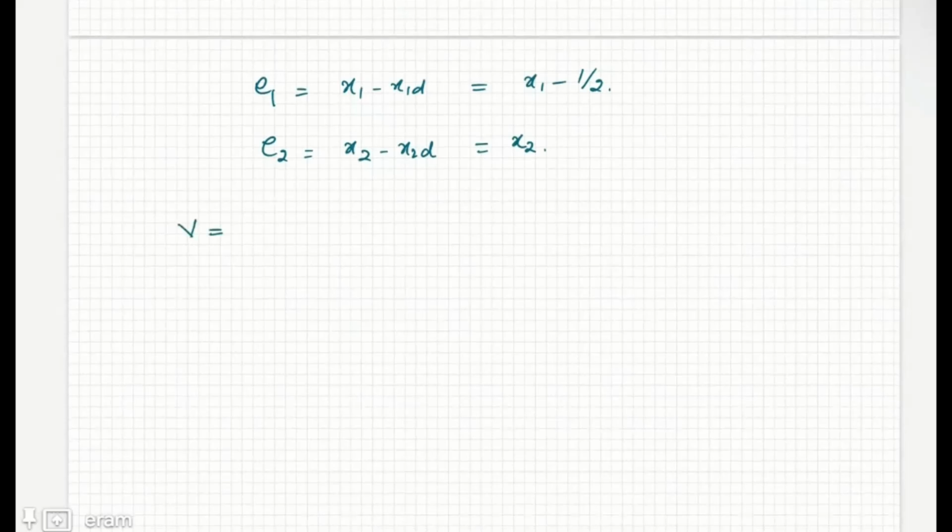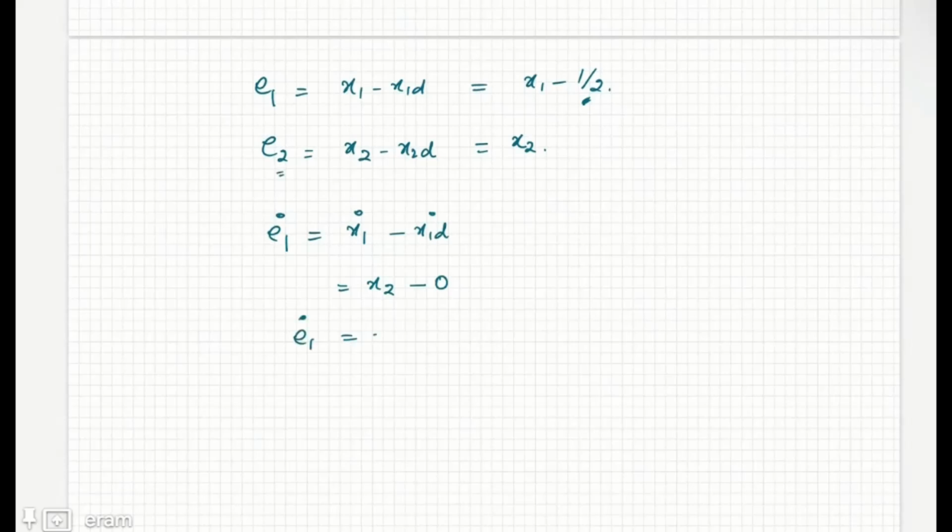Now e1 dot is x1 dot minus x1 desired derivative. x1 dot is x2, and the derivative of the constant x1 desired is 0. And x2 in terms of e is e2, so e1 dot is e2.